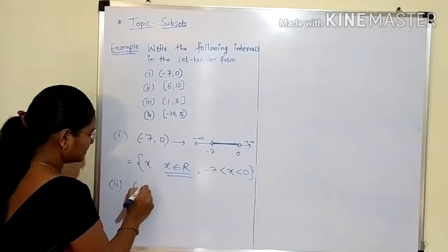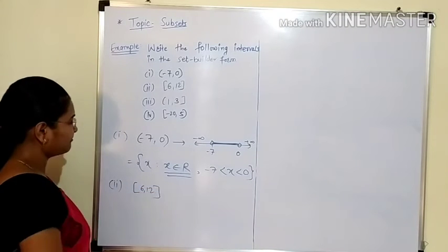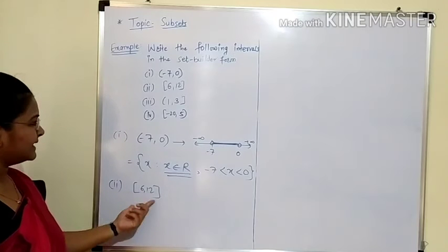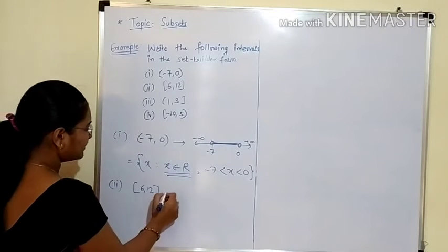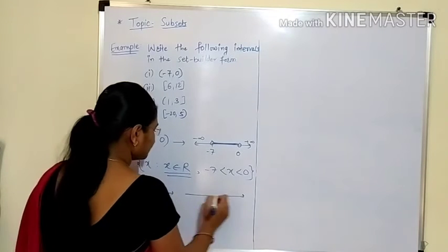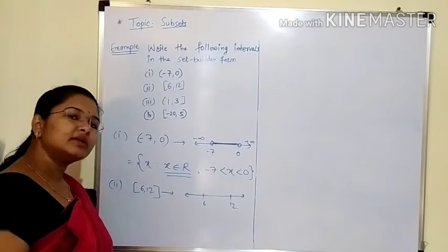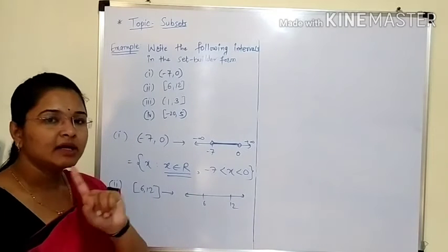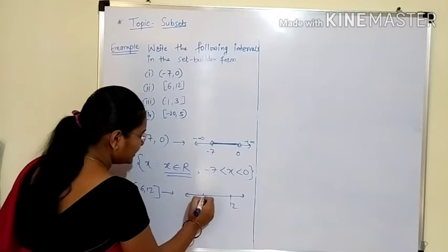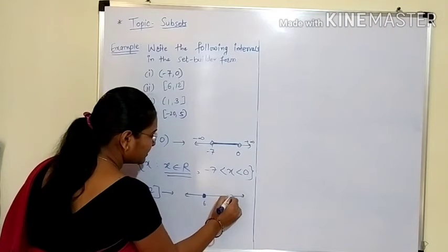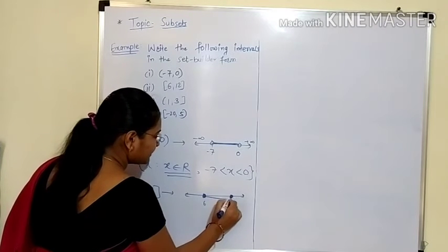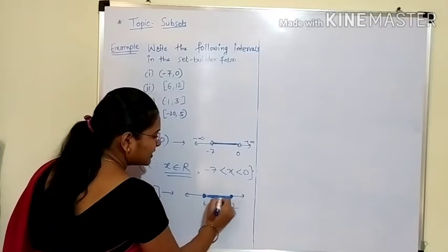Closed interval [6, 12]. If we draw this interval on the real number line, it will be 6 to 12. I have told you when closed intervals are there, we are including the endpoints. So here we'll include 6 and 12 and the points in between 6 and 12. Understood?